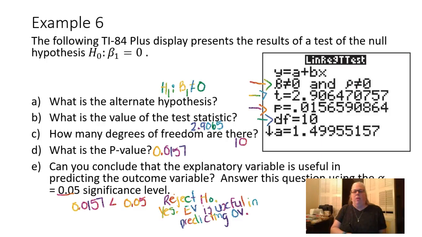And I have our conclusion right here, and I did a little bit of shortening here so that I didn't have to write the whole word out there. But yes, we're going to reject the null hypothesis, and we would say the explanatory variable, EV, is useful in predicting OV, the outcome variable.